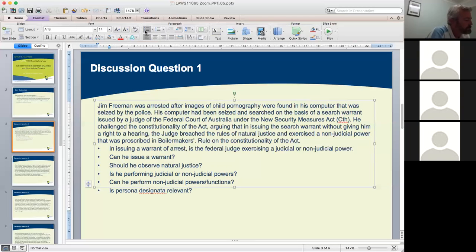So you will notice that by asking that question, you need to be able to distinguish a judicial as opposed to a non-judicial power. So that's the legal issue.